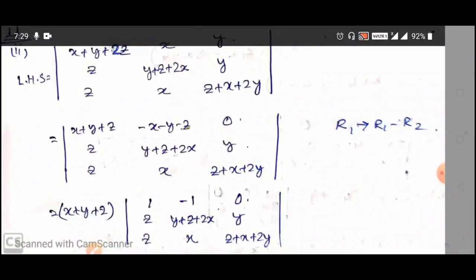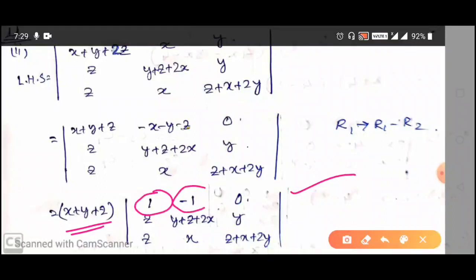Now we have taken out this x plus y plus z from row 1. So in row 1 we will have 1, here we will have minus 1 since it was minus x minus y minus z, and this 0 will remain 0.